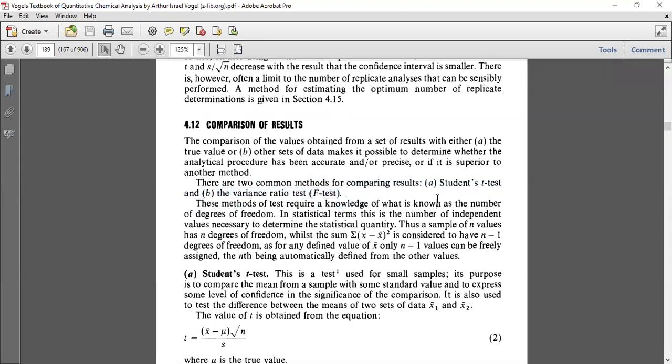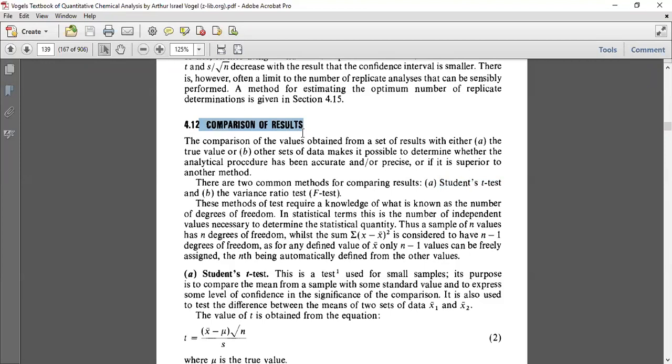In the examination, you will get two types of problems. Maybe you will get write a short note on F test, or give the significance of F test or significance of students t test. Maybe a 1 or 2 marks kind of question will be there. So the first point we should write is about comparison of results.